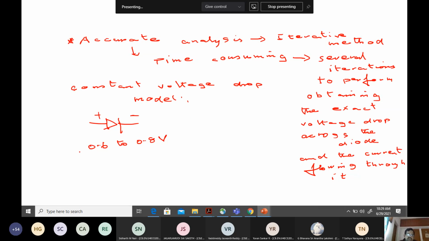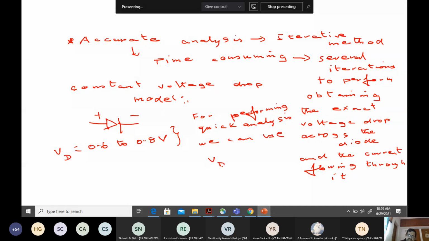So with this voltage drop across the diode, we can more or less assume that on an average, for performing quick analysis, we can use VD of 0.7 volt, unless otherwise stated in a problem, and then perform analysis. So it's a very quick method.